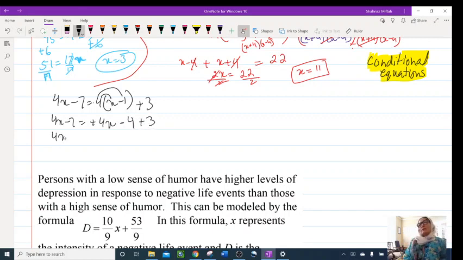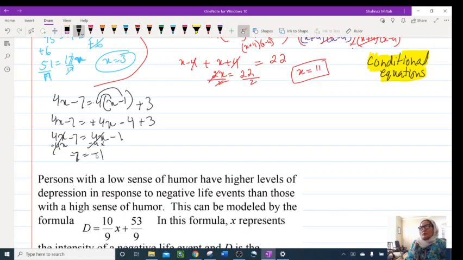Then I am getting 4x minus 7 equal 4x minus 1. You see that? If I subtract 4x, because these are like terms, right? 4x and 4x are like terms, and 4x moves to the other side, so they cancel out. I'm left with -7 equal -1. Do you see that's not a true statement? Because -7 is not equal to -1.